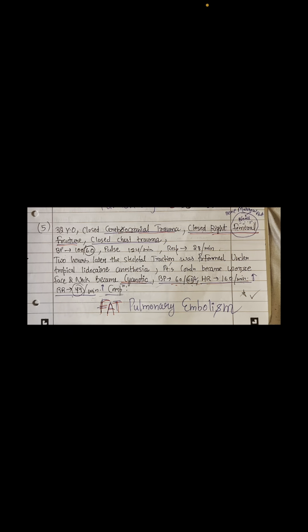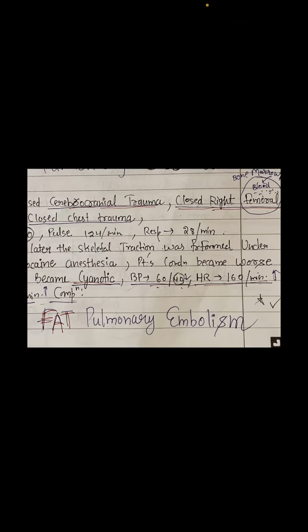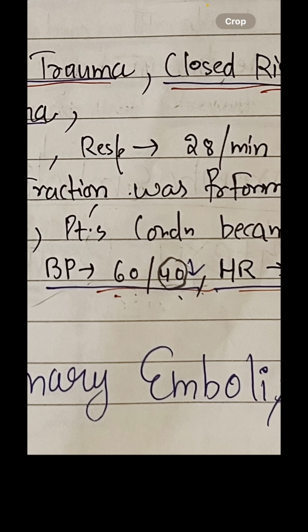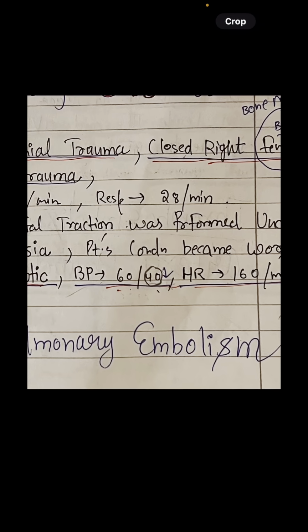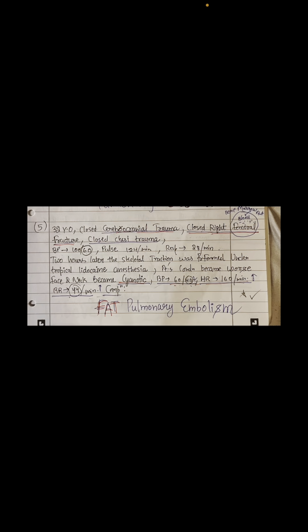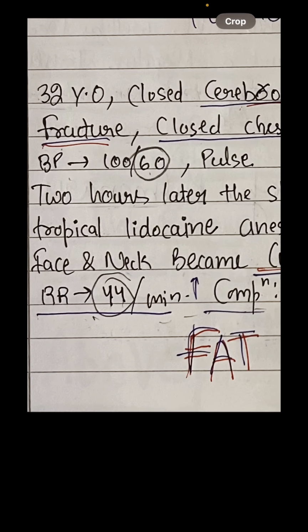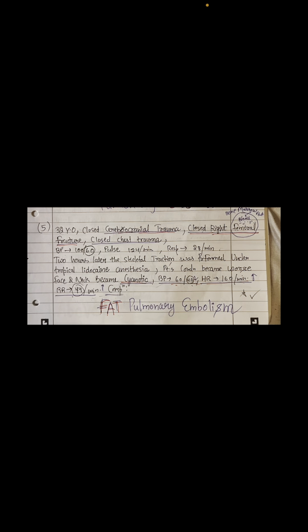Two hours later, skeletal traction was performed under topical lidocaine anesthesia. The patient's condition became even worse. Face and neck became cyanotic. The blood pressure reduced even more. This is like a shock right now, even more severe. Heart rate 160 is so severe. The respiration is 44. So what complication would have occurred?